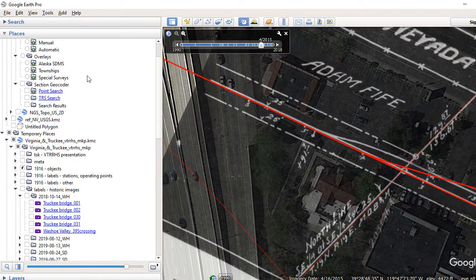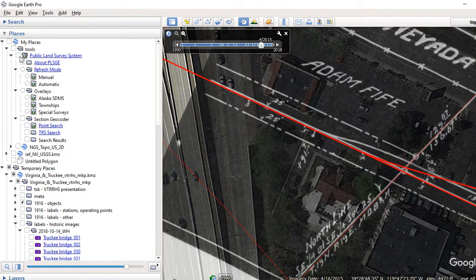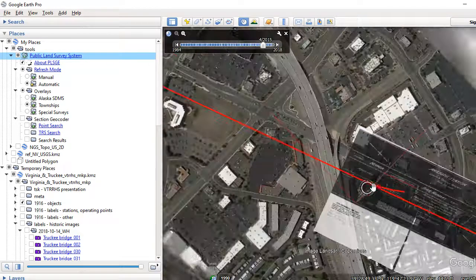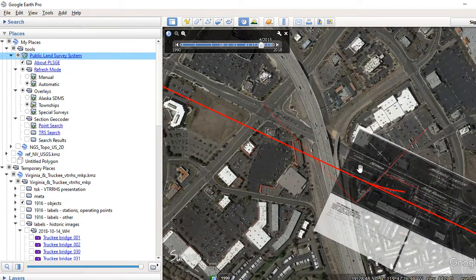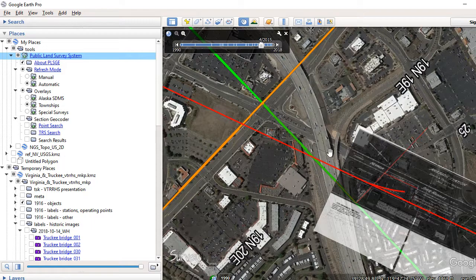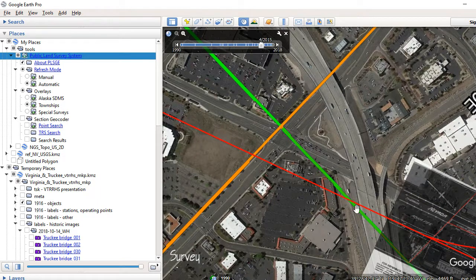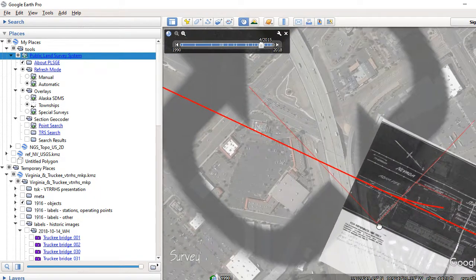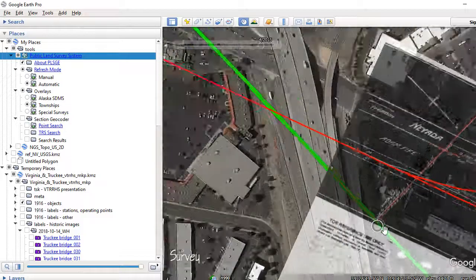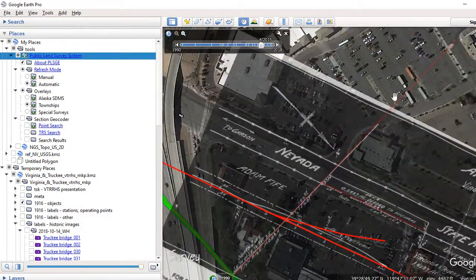And I know that information from various other sources, such as this. So there's a section line, and then it's a simple matter to measure over a quarter mile, which is 1320 feet from there, and then place the map.